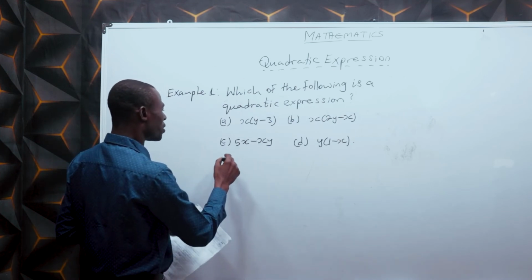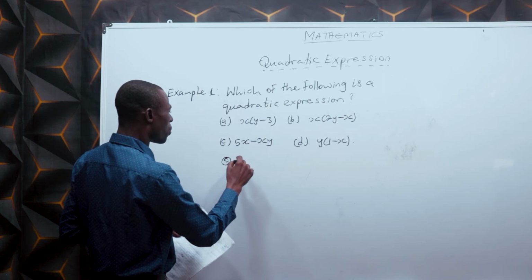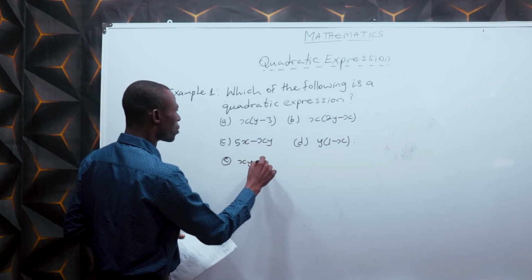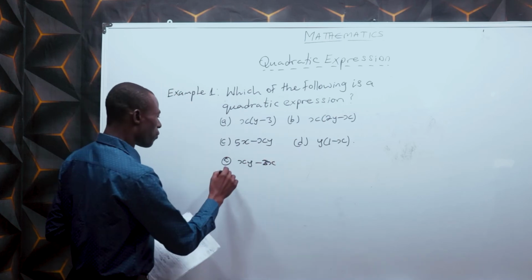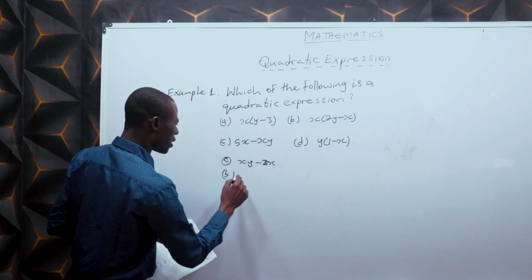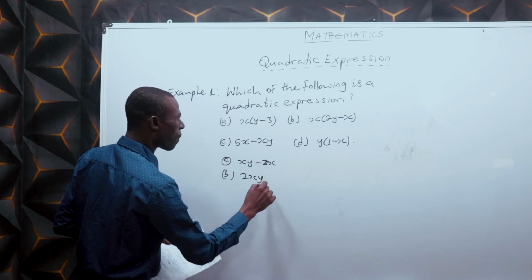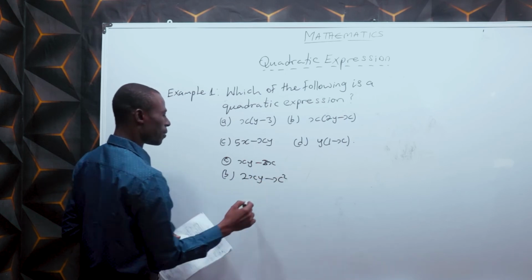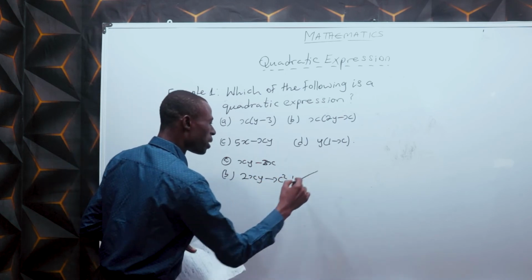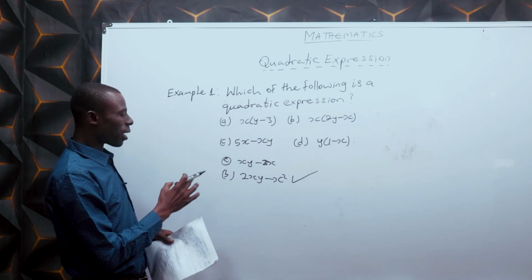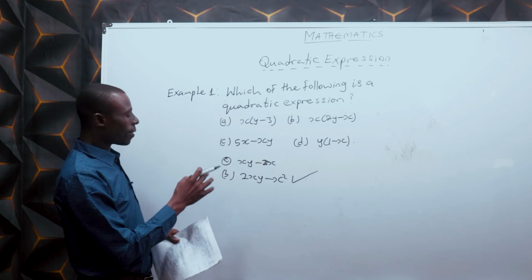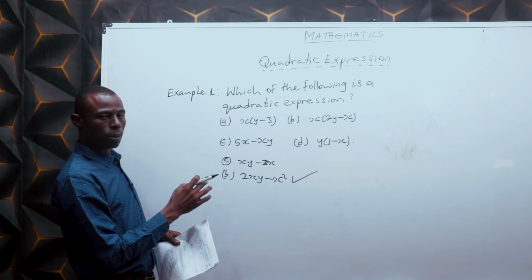If you expand A, here will be xy minus 3x. No power 2. If you expand B, that is 2xy minus xk. Then option B is our correct answer because there we have power 2. 2xy minus xk. That is the correct option.